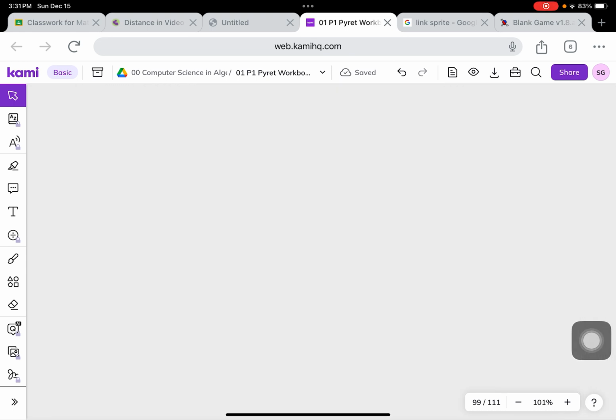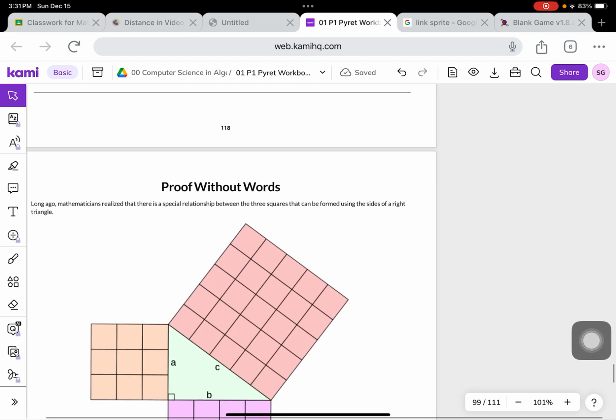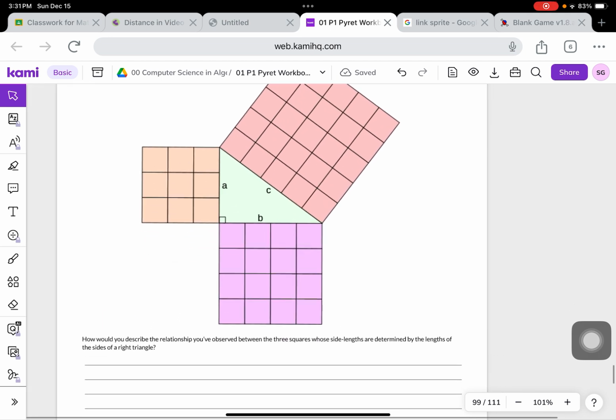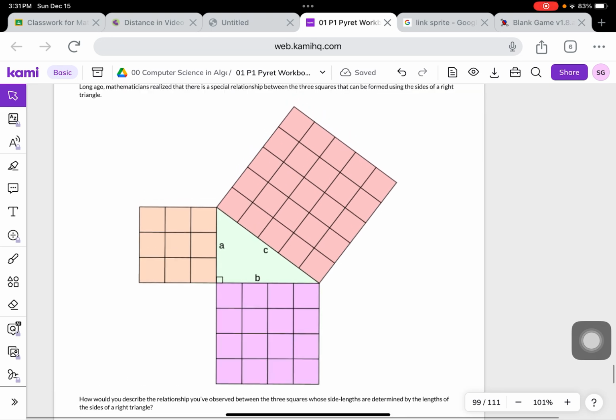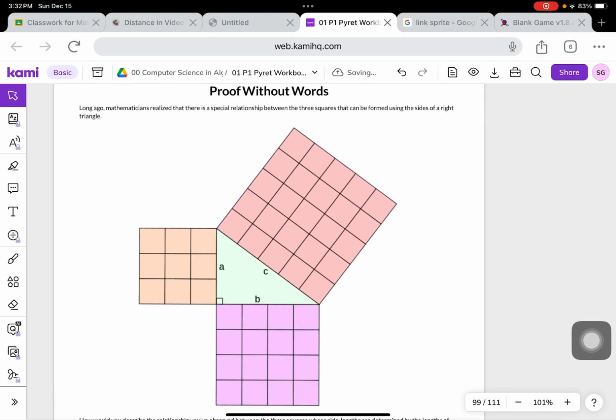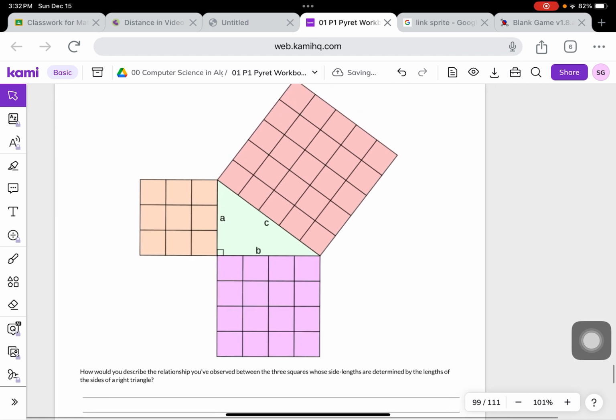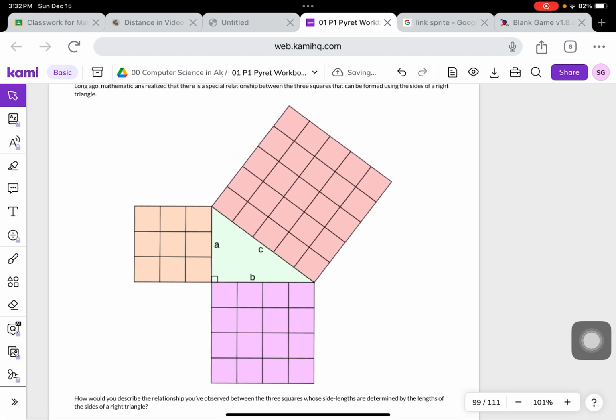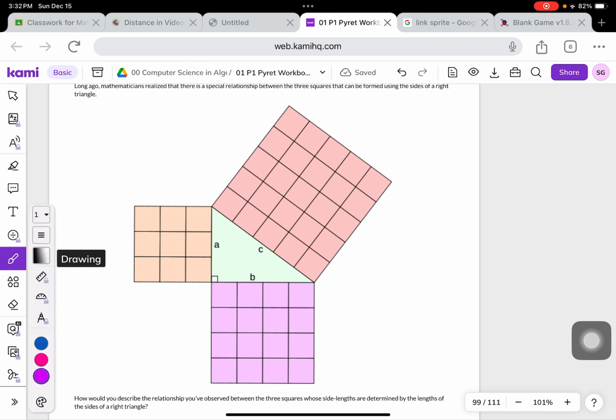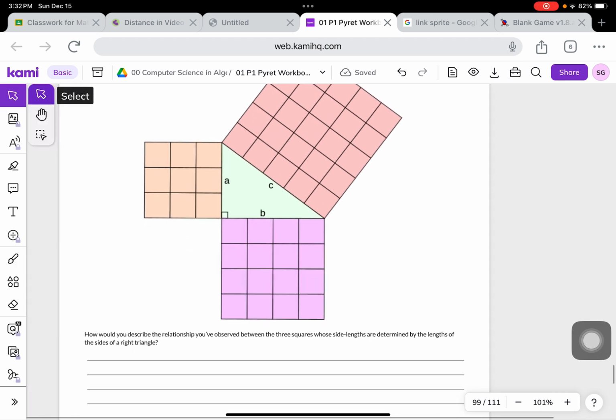Okay, so this is a way to prove the Pythagorean theorem. Count up the squares and see how many squares you get on the small sides, on the legs, and on the hypotenuse, and how those relate to each other.